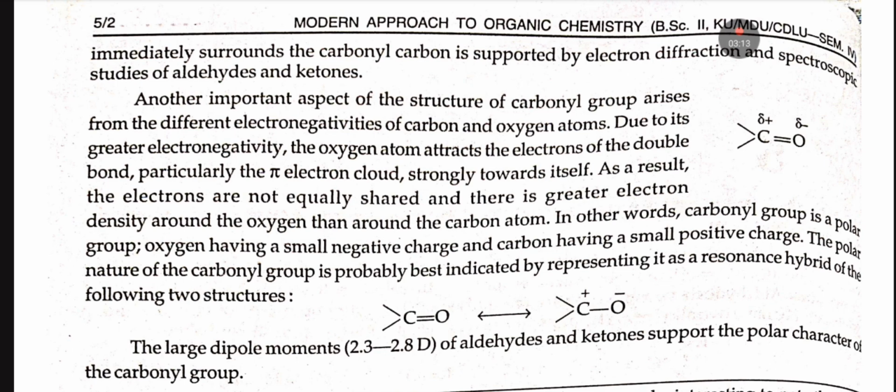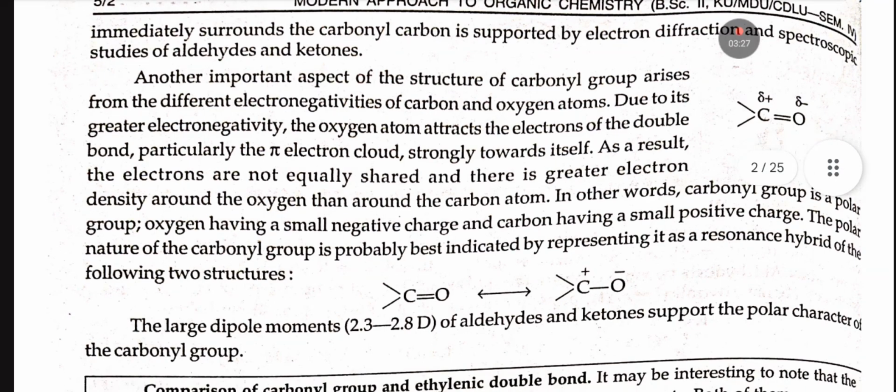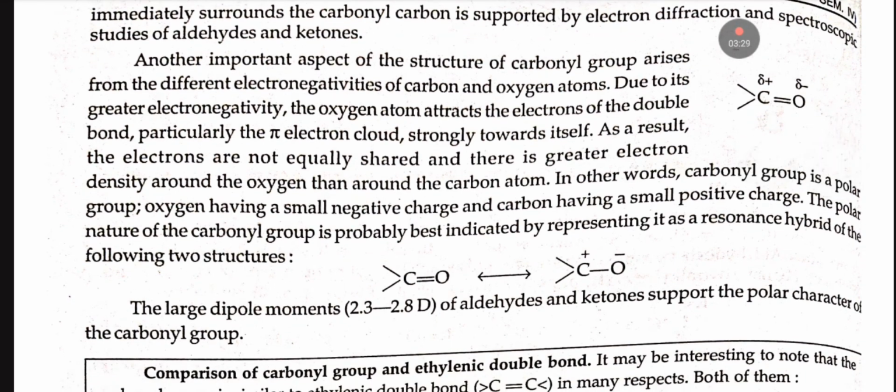Another important aspect of the structure of the carbonyl group arises from the different electronegativity of carbon and oxygen atoms. Due to its greater electronegativity, the oxygen atom attracts the electrons of the double bond, particularly the pi electron cloud, strongly towards itself. As a result, the electrons are not equally shared and there is a great electronegativity difference between the oxygen atom and the carbon atom.